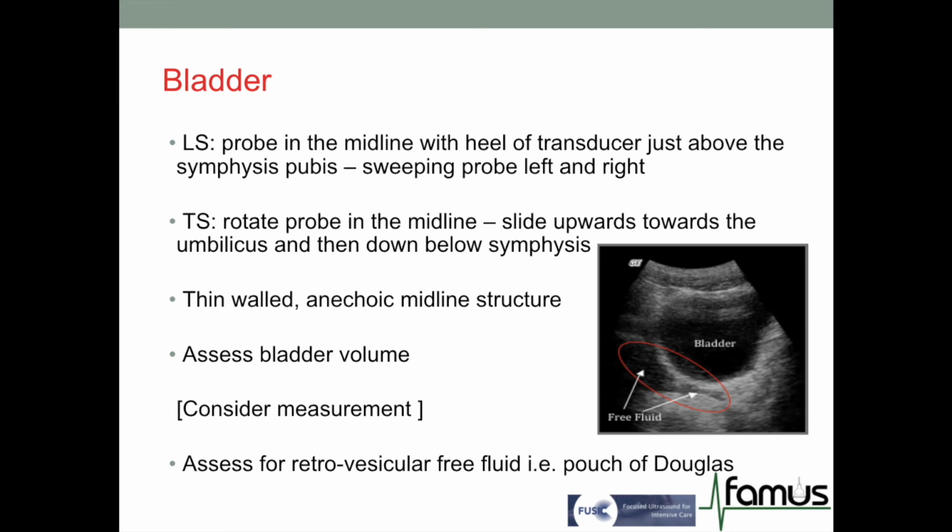By just applying our visual assessment, we will be able to identify or estimate the volume, but we can also then measure the volume in the way that I already explained. And by identifying the bladder, we will be able then to assess for the presence of fluid in the Morrison pouch or in the rectovesical recess.